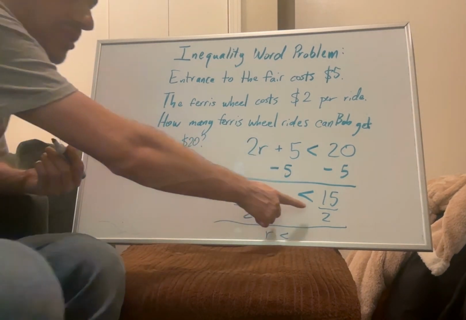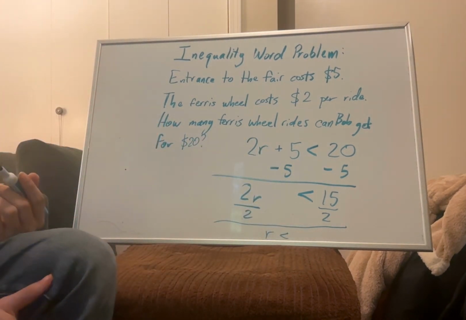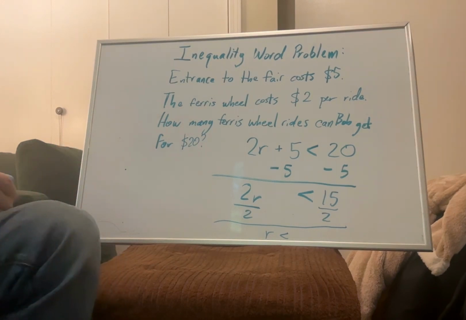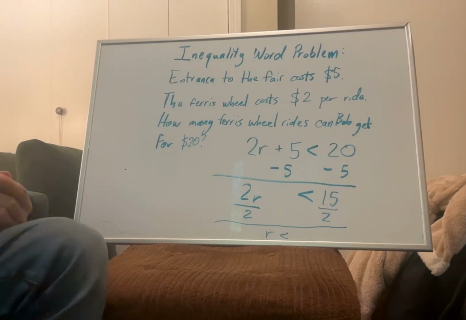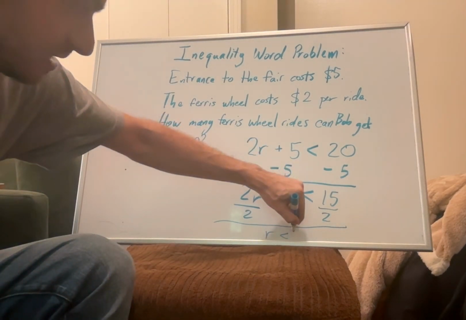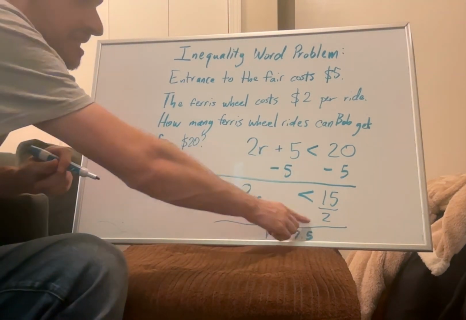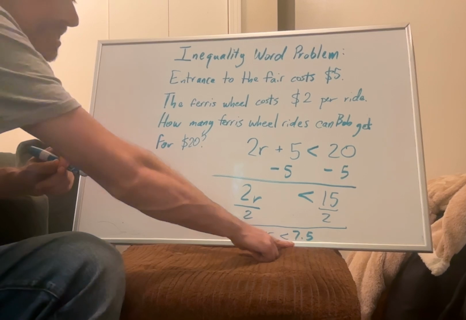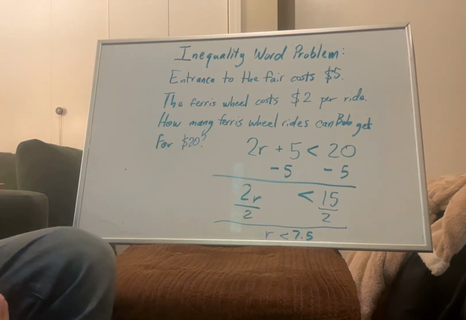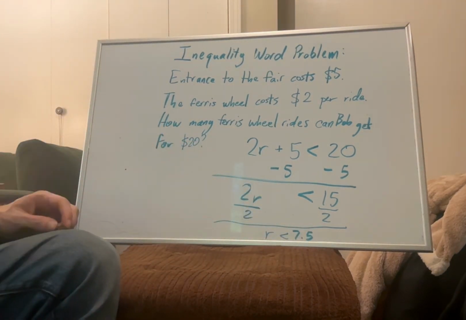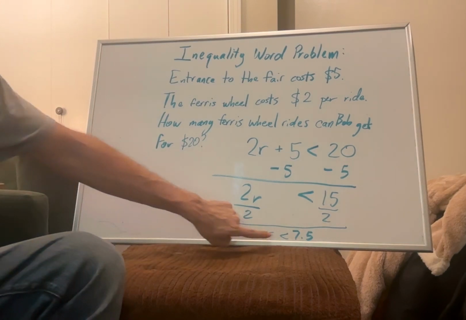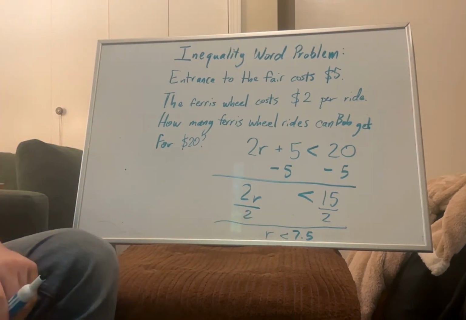And here we could either leave it as 15 over 2 if we wanted a fraction, or if we punched that into a calculator, you could end up with the decimal 7.5. These would be equivalent answers, since this is an exact decimal for this fraction. And so we know that Bob can take no more than 7.5 rides.